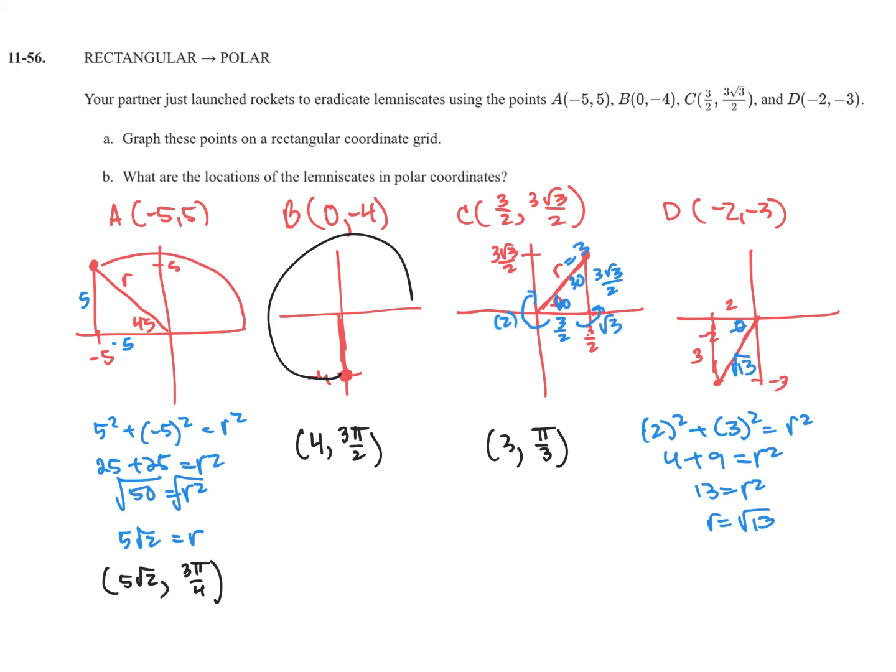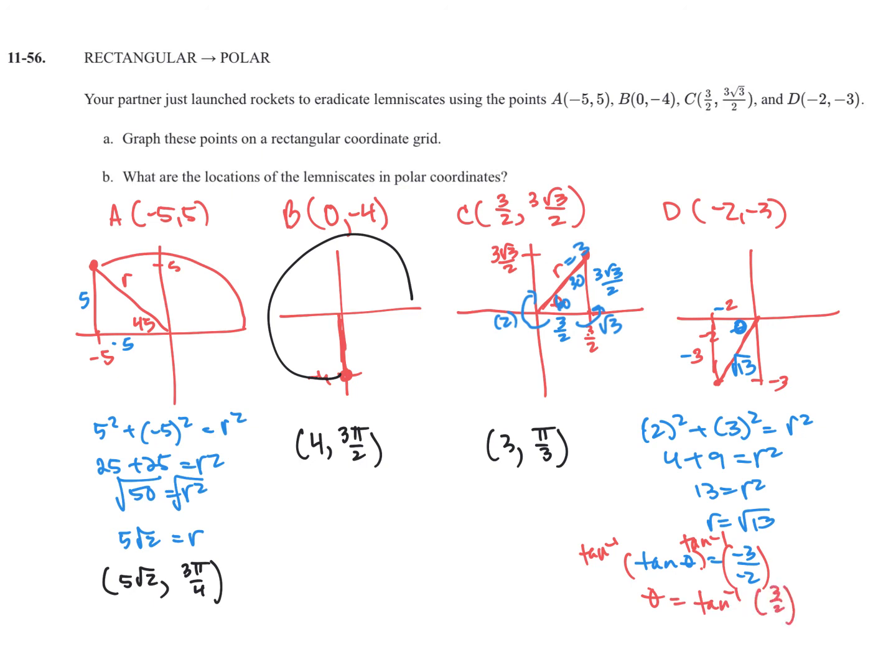Now, to figure out theta, I'm going to use the 2 and the 3 that I already had. If it was a negative, it would make it positive. In order to find this theta, I would do tangent theta equals opposite, which would be -3, over the adjacent, which would be -2. When I do the tan inverse here, I will get theta to equal tan inverse of 3/2.